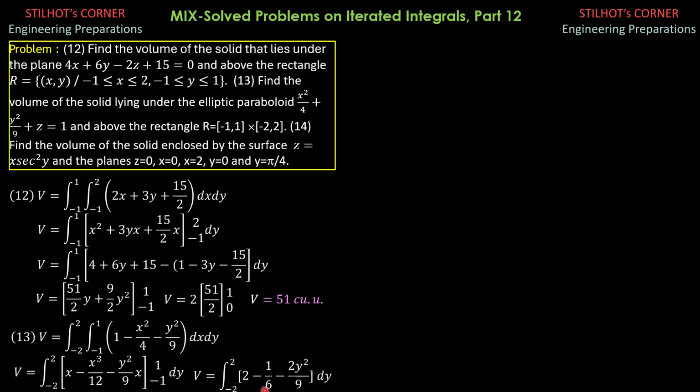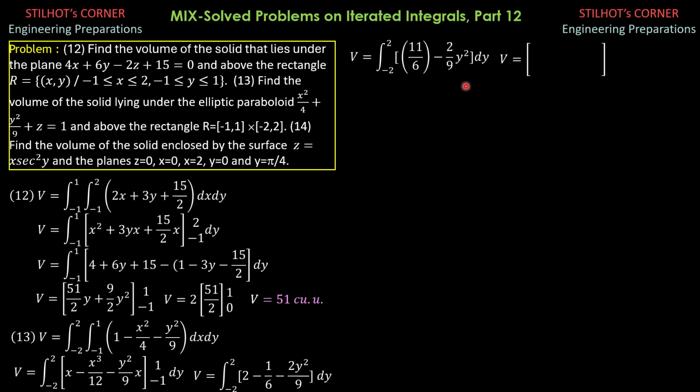Then 2 minus 1 over 6 is 11 over 6, of course. So volume equals the integral from negative 2 to 2 of 11 over 6 minus 2 over 9 y squared.